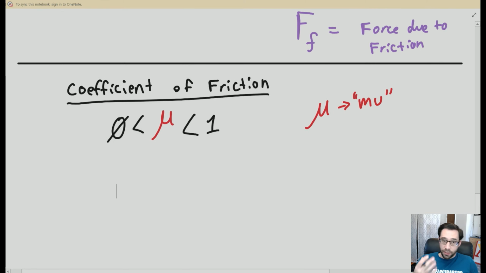So the last thing that I want to talk about is the two different types of friction.